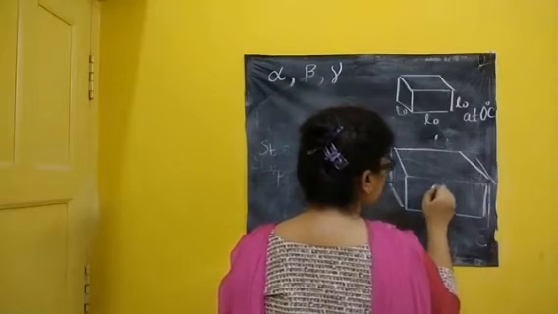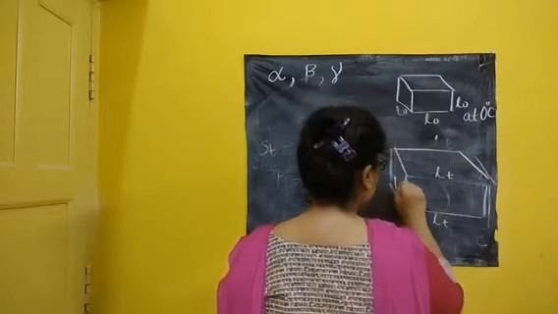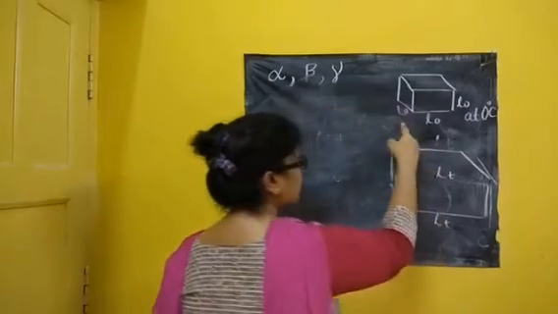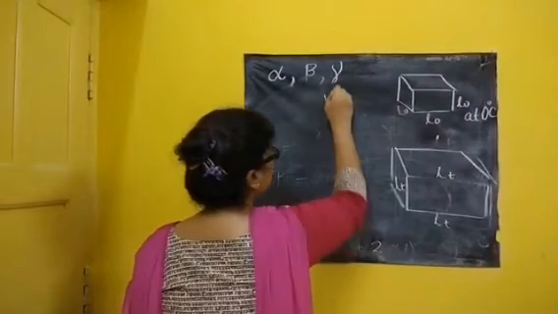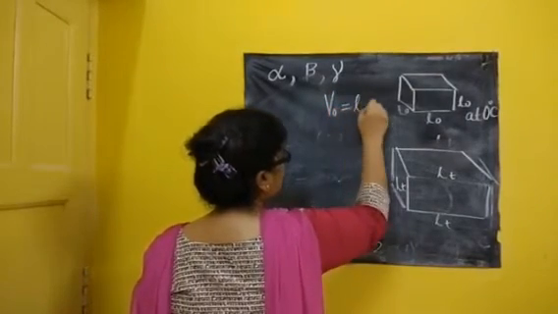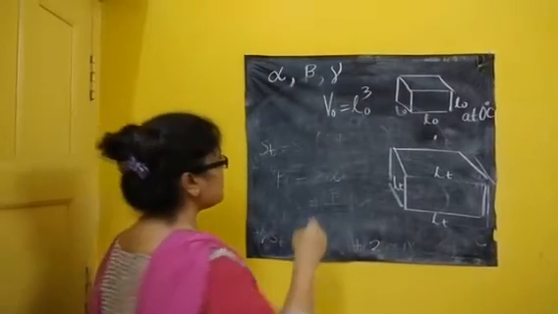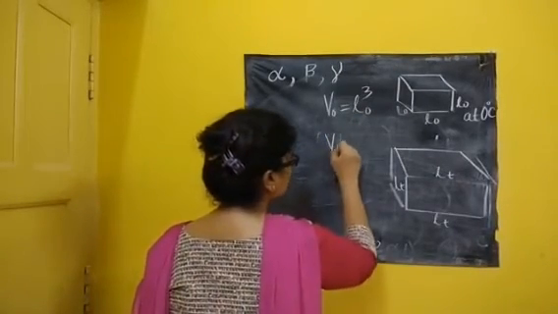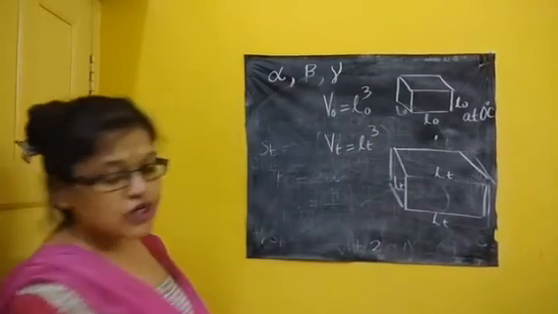So this is Lt, Lt, Lt. If this is a cube, V0 will be equal to L0 cube, length into breadth into height, and Vt will be equal to Lt cube. Clear? No confusion.